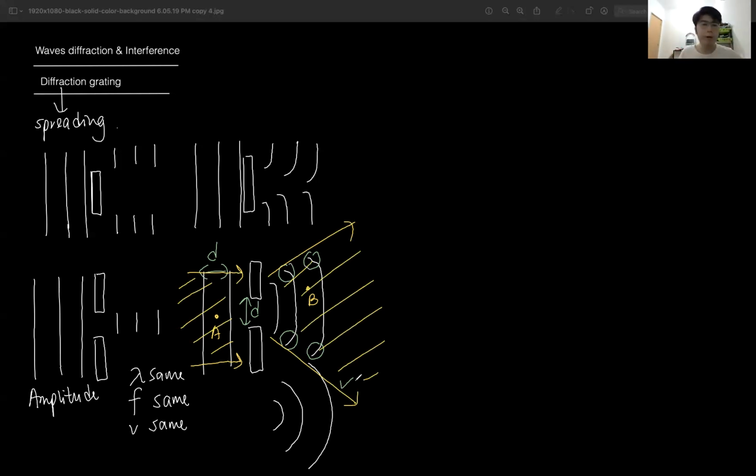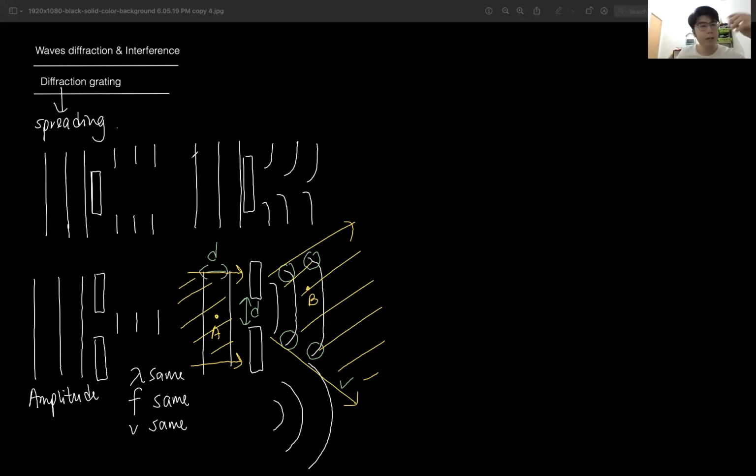If you compare these 2 points, A and B, the total energy is being dissipated into more area after the diffraction. So that makes point B have less energy than point A. Take any point comparing before and after. The one after the diffraction will have less energy compared to before the diffraction.